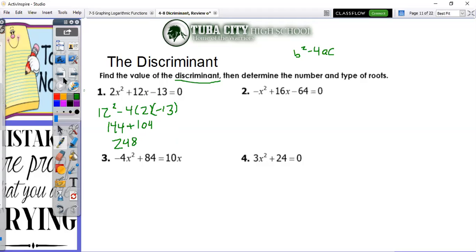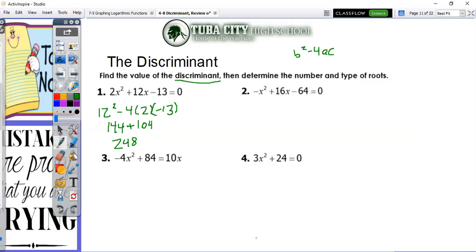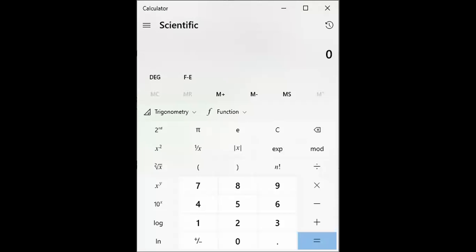Now, in this case, we go back to our chart, and it's a positive number. So it means that it will have 2 roots. But the question is, is it a perfect square or is it not a perfect square? To find out, I'm going to go to my calculator.